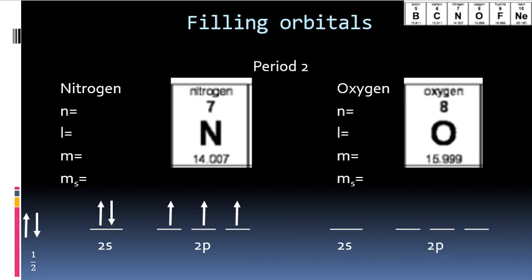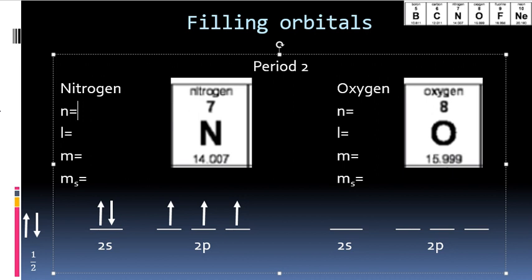Now to assign that final electron its 4 quantum numbers, it's pretty straightforward again since we're dealing with a p block element. n will equal the period number, which is 2. L will equal 1 for any p element, and M will equal, for this final electron, positive 1.